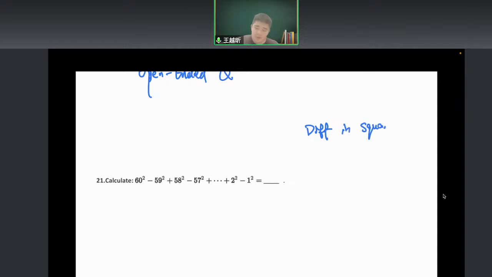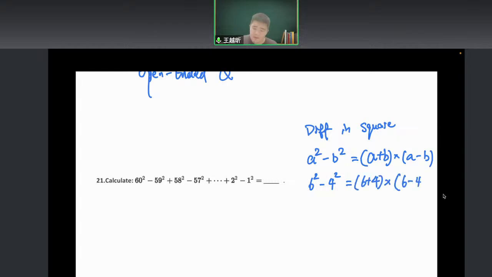You need to remember the formula: A squared minus B squared equals A plus B times A minus B. For example, 6 squared minus 4 squared equals 6 plus 4 times 6 minus 4. In this question, we can pair two numbers together. Try to use the formula and do the calculation by yourself. This question is easy.